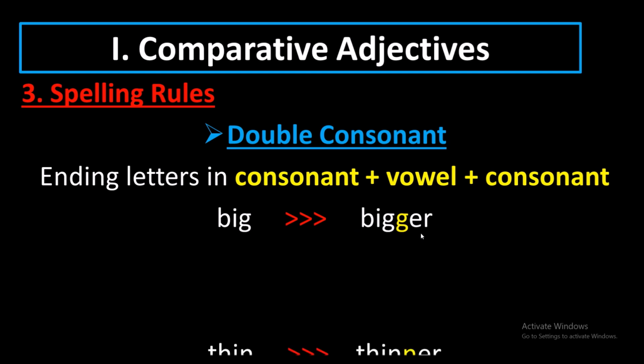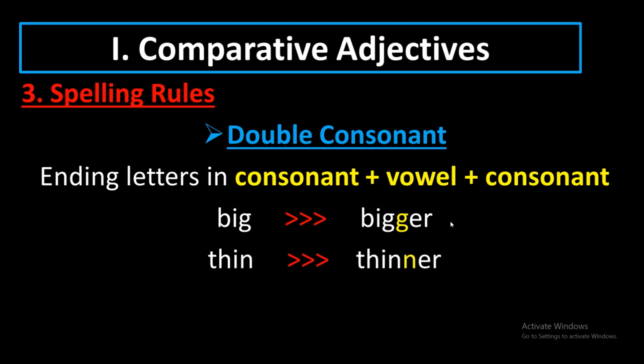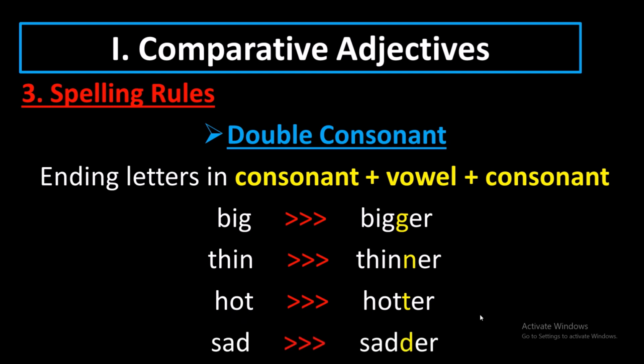Here is another example, thin. T-H-I-N, which is consonant, vowel, and consonant. Thinner. So we have to double the N here. Hot. The same thing here. Consonant, vowel, and consonant. Hotter. And the last one is sad. Consonant, vowel, and consonant. So we double the D here. Sadder.